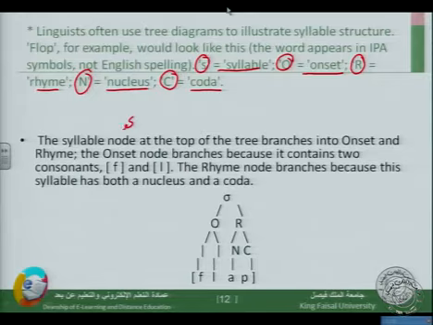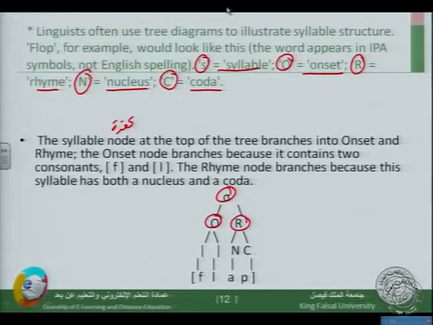The syllable node, the node here at the top, branches into onset and rhyme. The onset node branches because it consists of two consonants. The word flop, how many consonants does it have at the beginning?